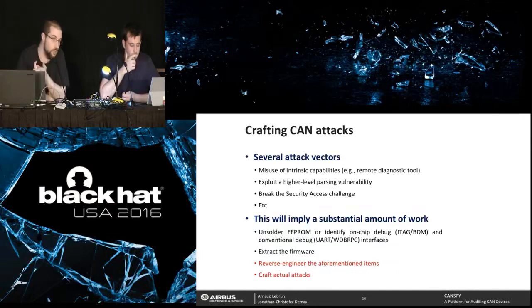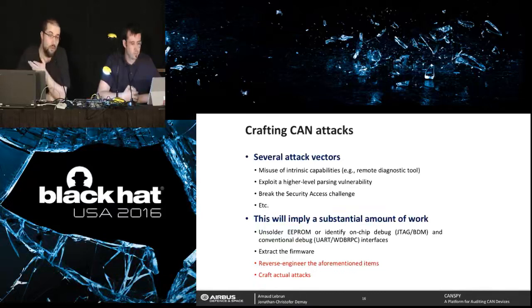Or you can reverse engineer a higher layer protocol and find conventional parsing vulnerabilities that, if you work on the exploit, at some point let you compromise the ECU. And of course, the security challenge. If you find a way to identify as a security authorized tool from the car manufacturer, you can do almost anything with most ECUs, as far as completely reprogramming them.